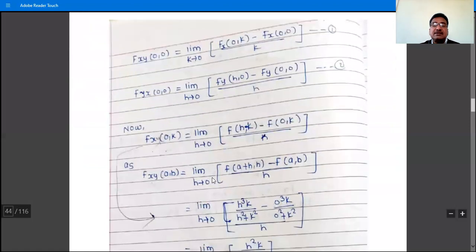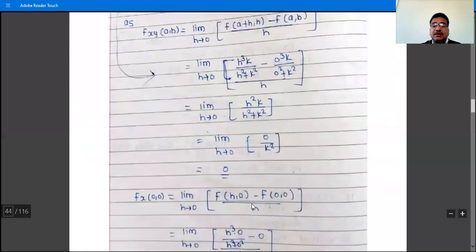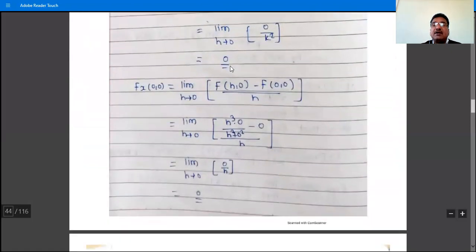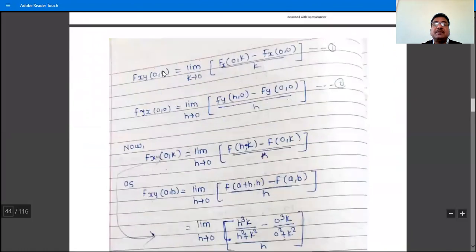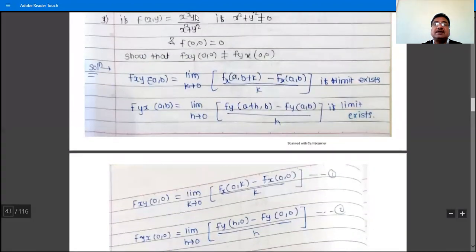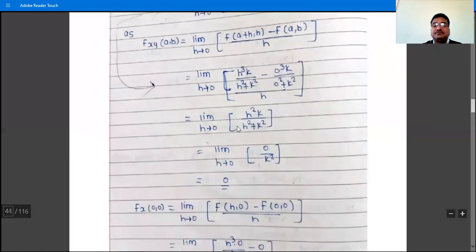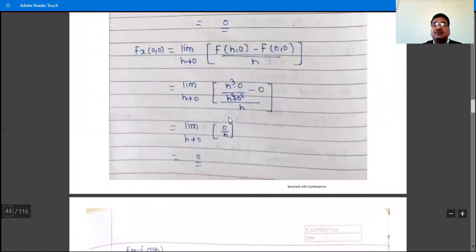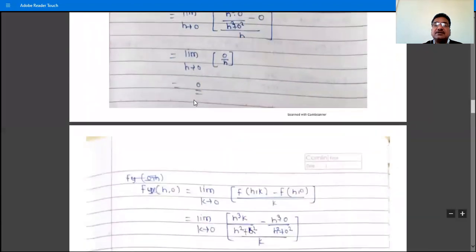Similarly, fx(0,0). Use again the same definition and substitute a and b both as 0. The value of f(h,0) comes from this definition by substituting x as h, y as 0, minus f(0,0), which is 0. This is actually h cube into 0, which is 0. So 0 by h is 0.